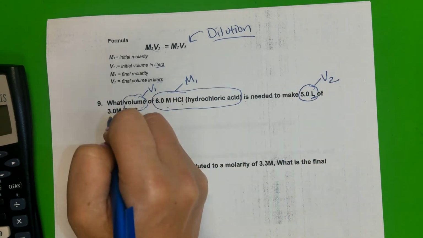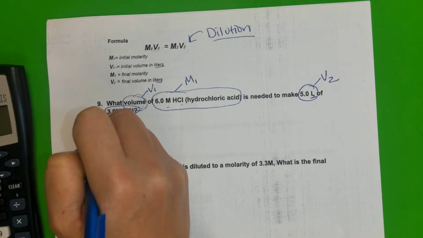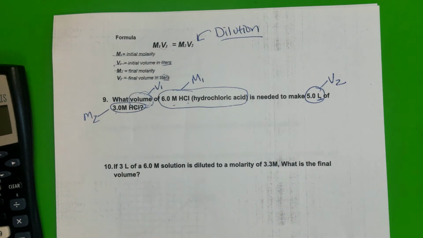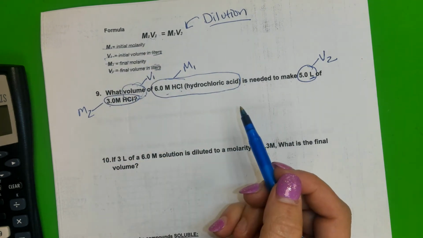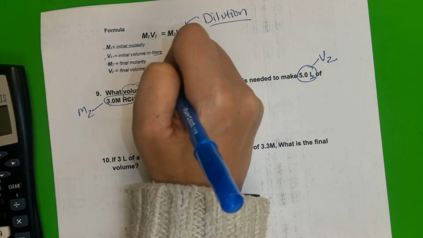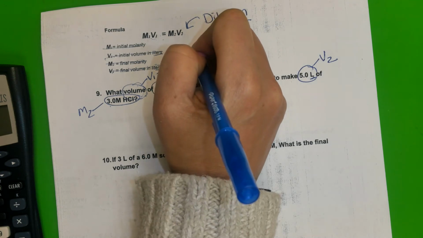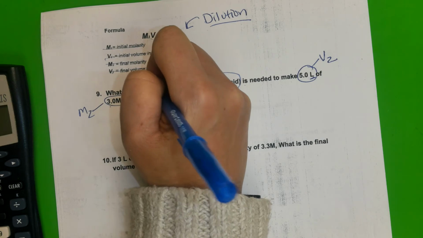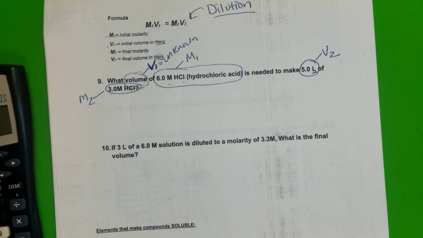And the 3.0 molarity of HCl will be your M2. So we already used all of these, and now that you know which ones are which, we're ready for the setup. Your unknown is the one you're trying to solve, and that one needs to be by itself.